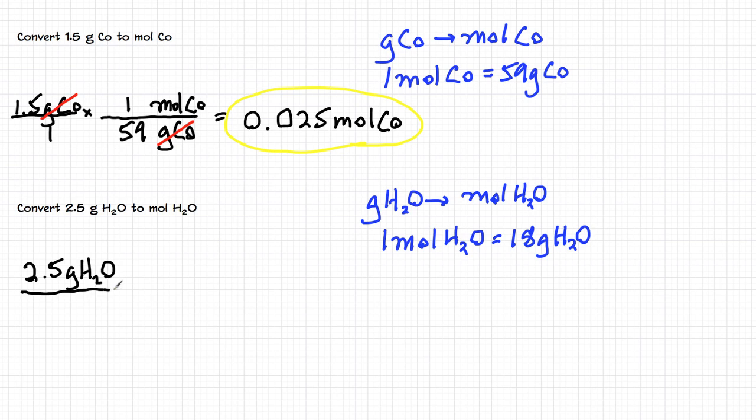and I'm going to go ahead and put that all over 1. And we're going to do this in one step. And we want grams of water to cancel and replace with moles of water. And for every 1 mole, we're going to get 18 grams.